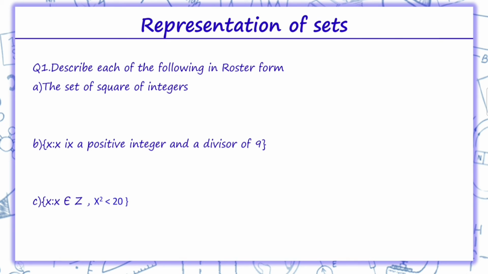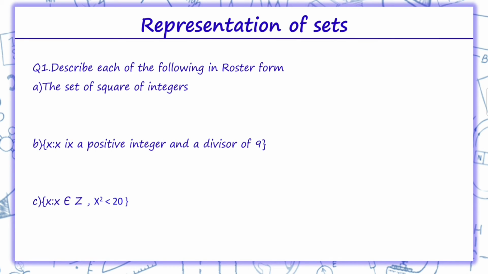Coming on to the question: describe each of the following in roster form. Over here we have to write the set of squares of integers. Now we know the square of a negative integer is the same as the square of its absolute value. Like if I take integer -1, its square is 1 only, -2, its square is 4 only.